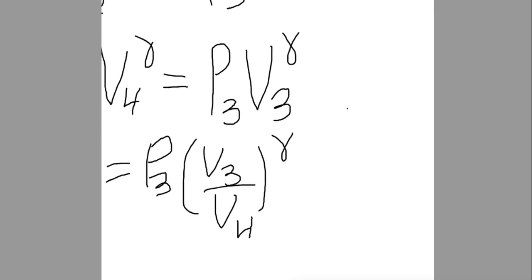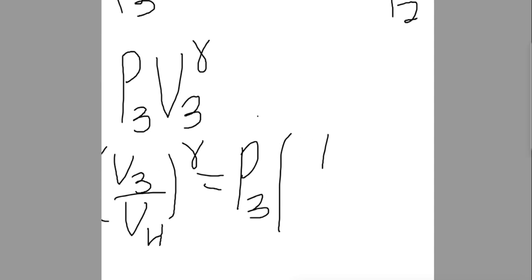So P4 is equal to P3 into brackets 1 over the compression ratio, close the brackets, raised to power our value for gamma, and this is the formula that we are going to be using to solve this question here.